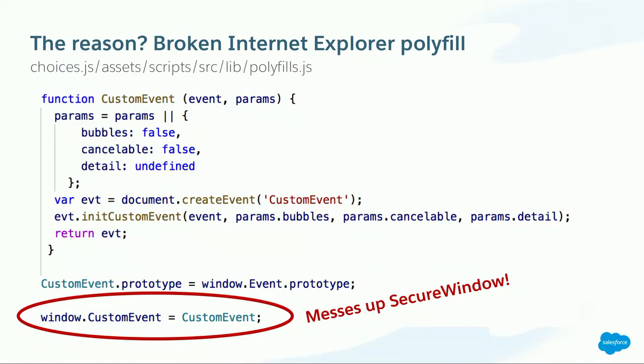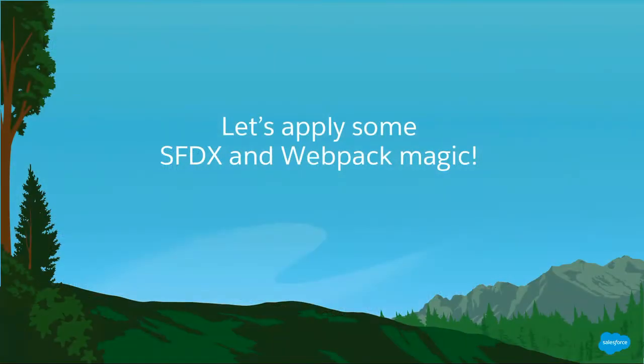It messes up this object, and it stops working. Actually, the truth is, even if you were using this app without LockerService in a normal app, it would still break because you should not use Internet Explorer polyfills in the browsers that actually do support custom events. So let's apply some Salesforce DX and Webpack magic to fix that.